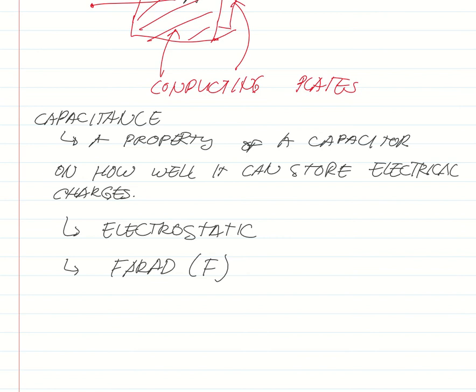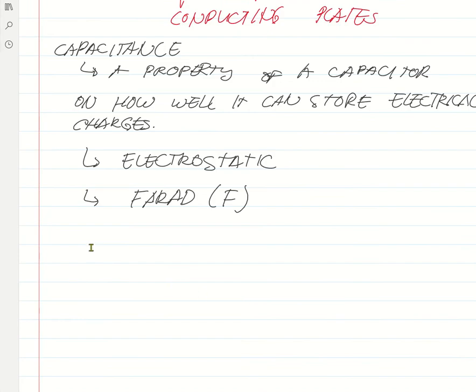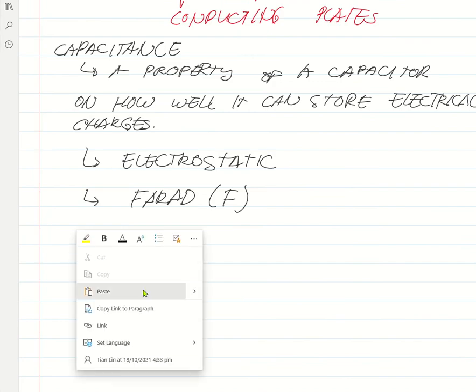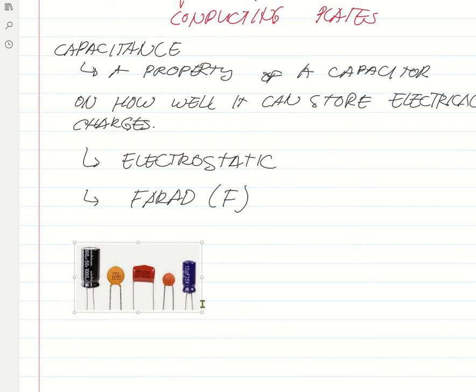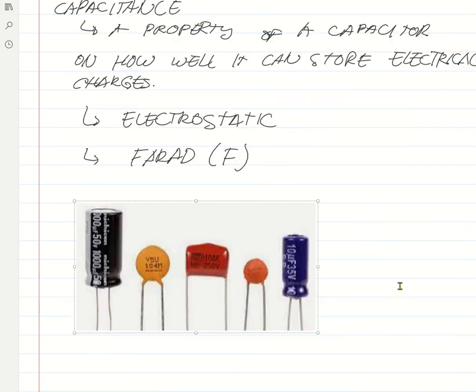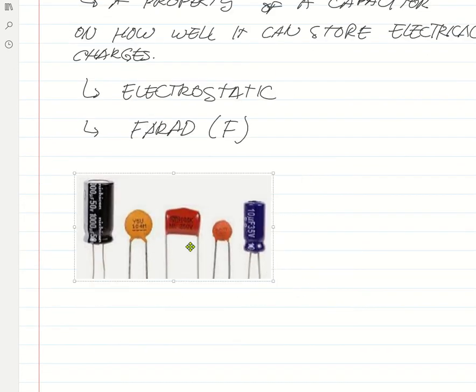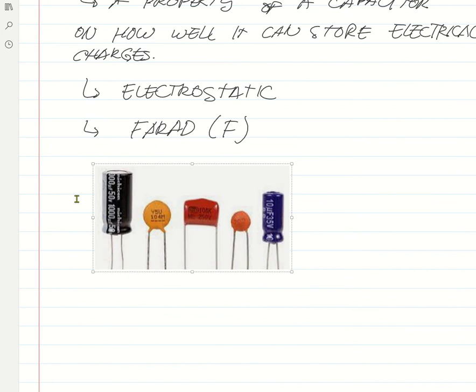Now, there are some available capacitors in the market. These are examples of capacitors that you can see, different types of capacitors. Capacitors can be classified with respect to their dielectrics.